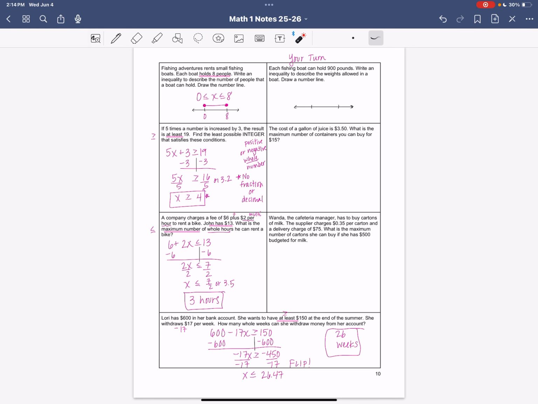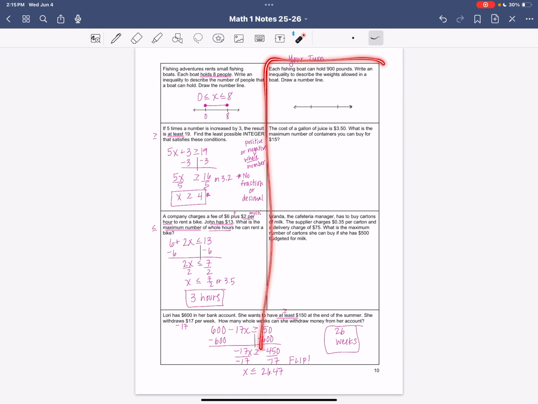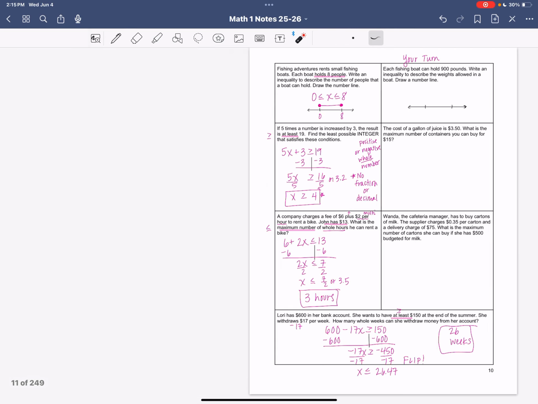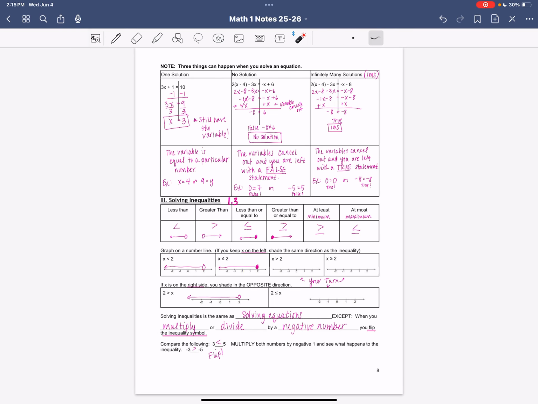And then for this one, it's 1,214 cartons. Oh, excuse me, this is 4 gallons. And then this is 1,214 cartons. All right, so go ahead, do those. And then that is how you solve inequalities.